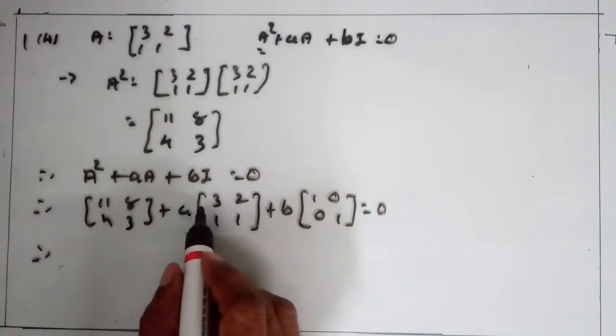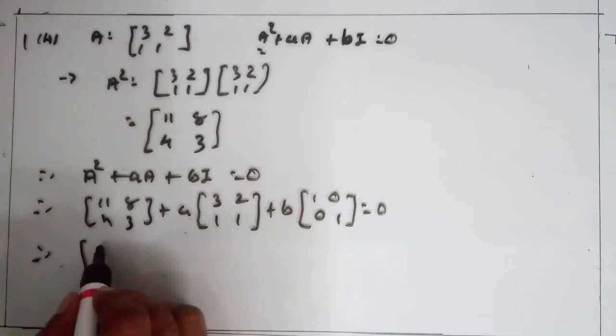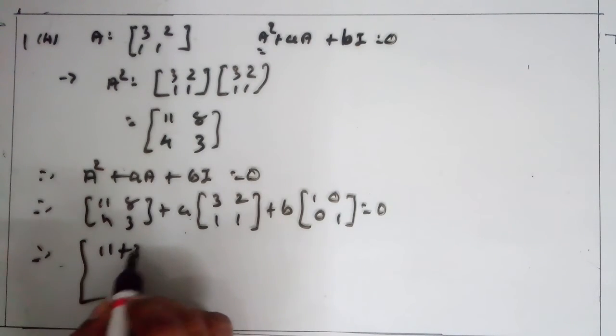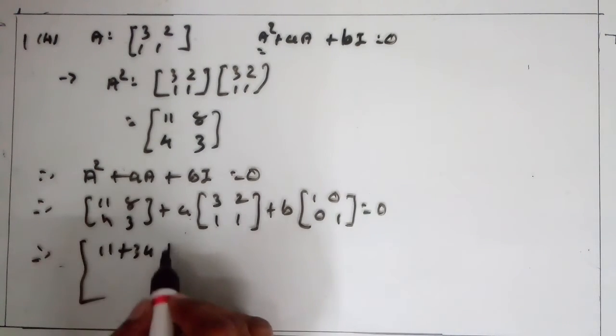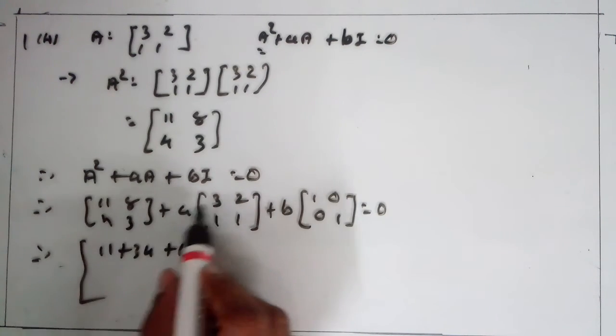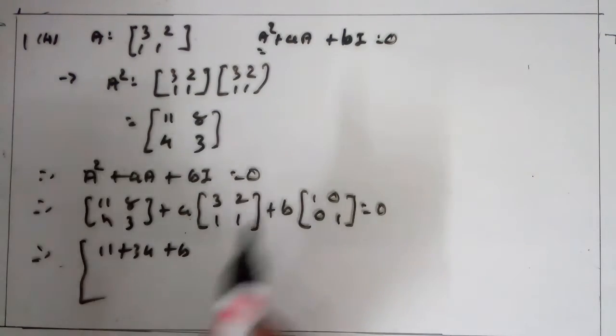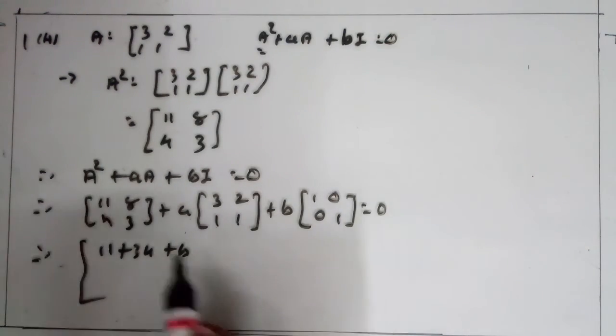Therefore now take a inside, take b inside and take the addition. We get here 11 plus 3a plus b. Here clear? 11 plus 3a plus b. First element of each matrix.